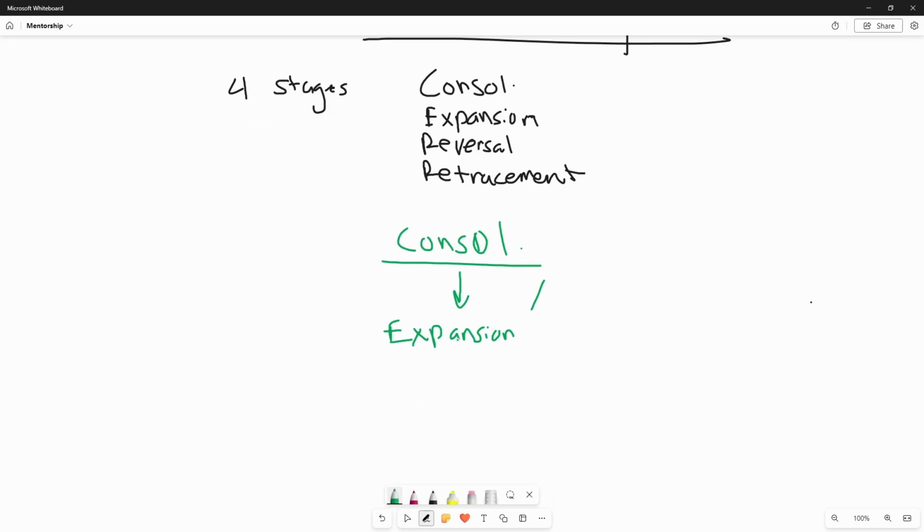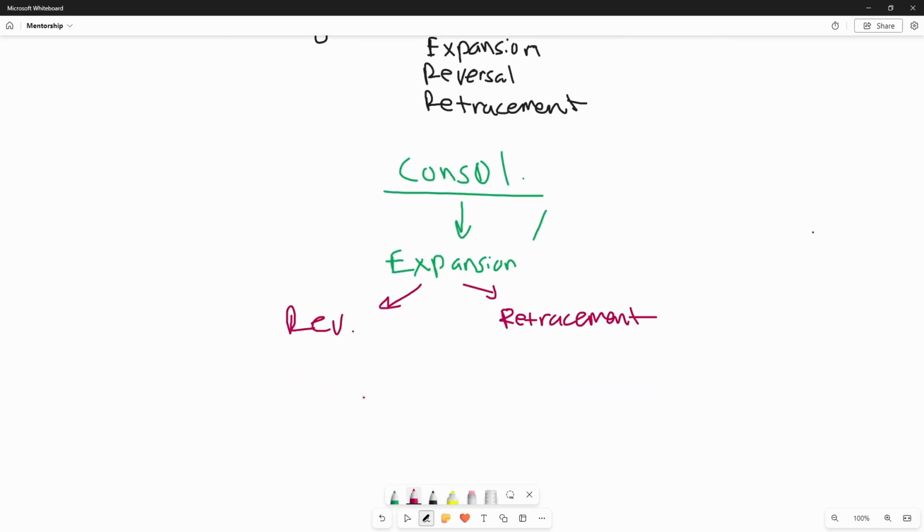Okay, let me go back to the notes here. You have 2 options. You either have a reversal, I'll just annotate these, or you have a retracement. Then from there, there's 3 options.